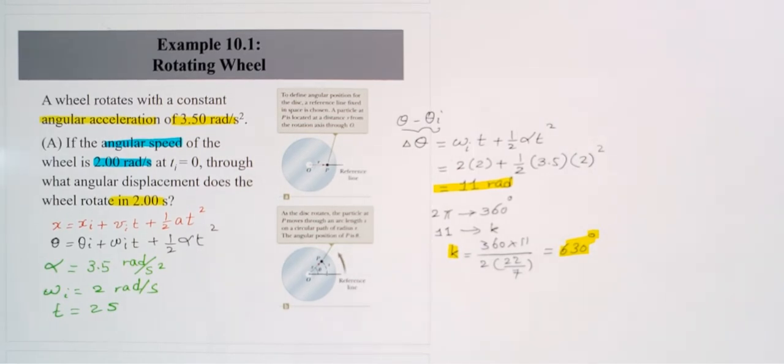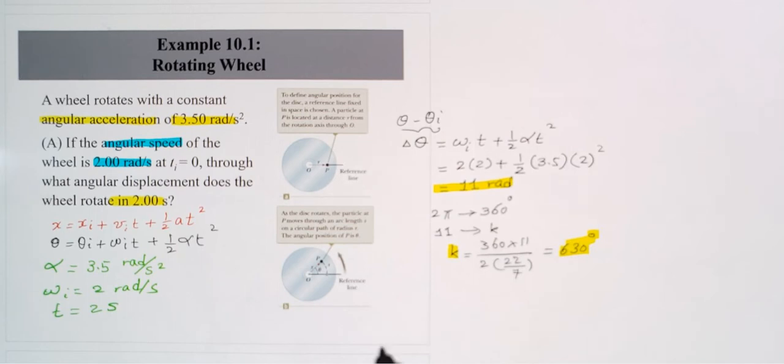No, theta, because we are talking about 2 pi is equal 360. So when you have 11 pi, that means it's 630 degrees. K is just a constant. Name it Z, name it Y, name it X, whatever you like.